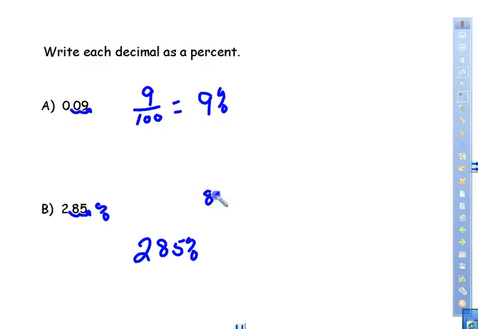Or you could take your 85/100ths, since it's written over 100, that is your percent. And again, here's your 2 wholes, so it'd be 2 and 85/100ths. So 2 wholes, that's my 200, and 85 over 100, so the 85 percent. So 285% is your final answer.